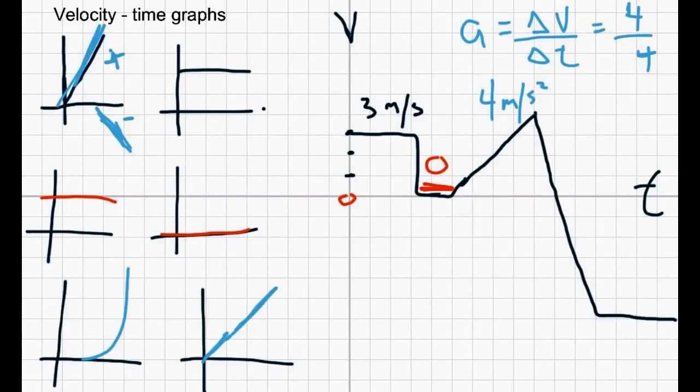So we could do the same thing. We could go 1, 2, 3, 4, 5, 6, 7, 8, 9, 10. So we got a change in velocity of 10 going down. And that occurred over 1, 2, 3 seconds. So in this case, our acceleration would be negative 10 divided by 3, which is negative 3.3.